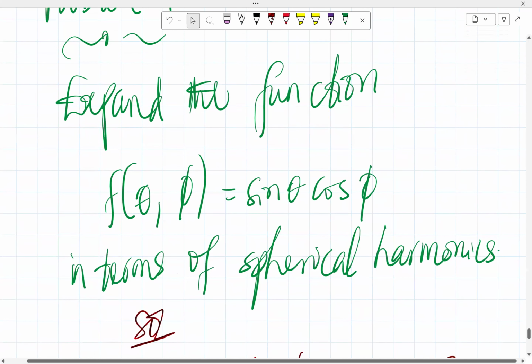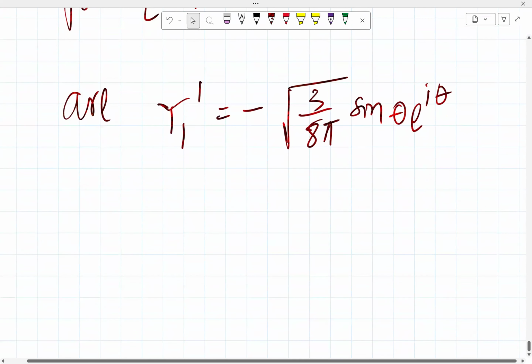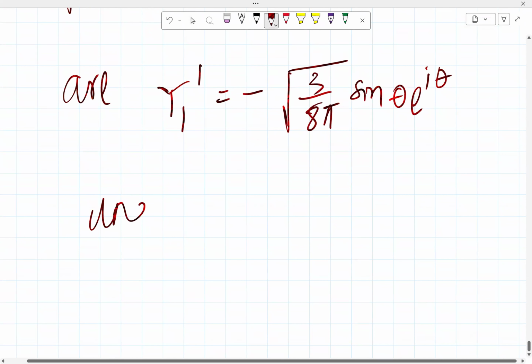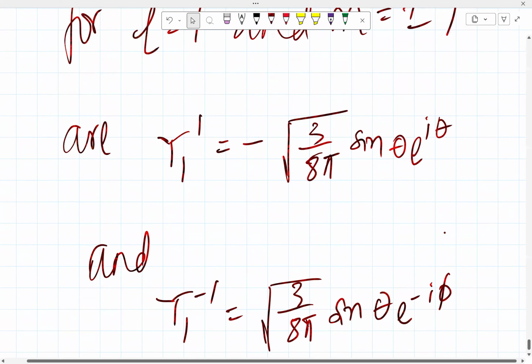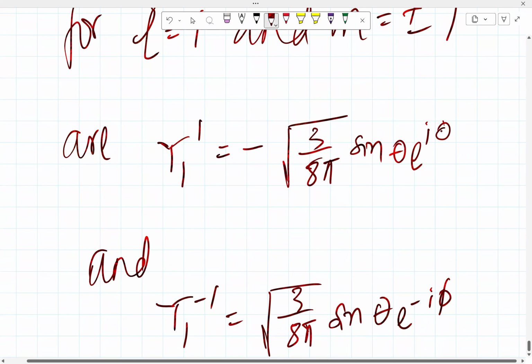So we have something about sine θ and cos, right? And Y_1,−1 is square root of 3 over 8π sine θ e^(−iφ). This is not θ here, this should be φ.